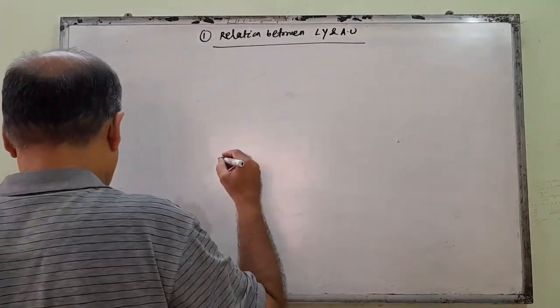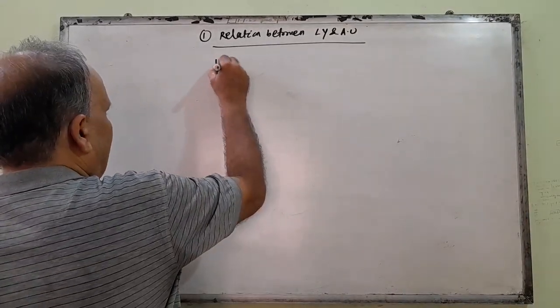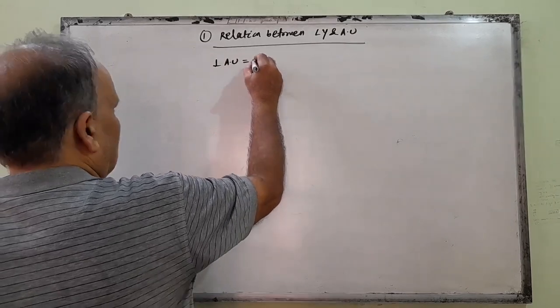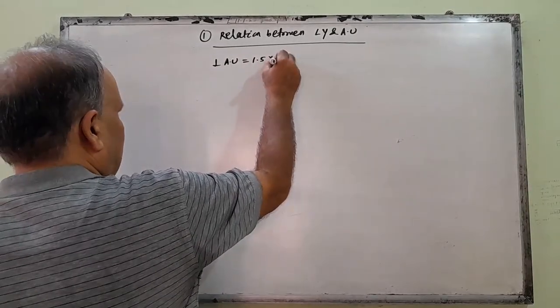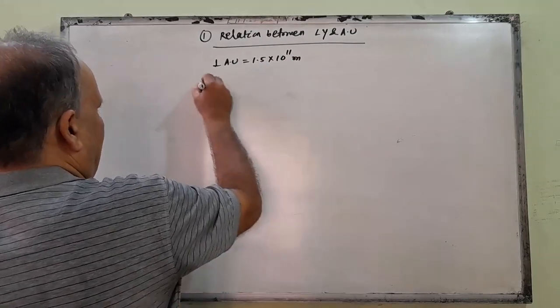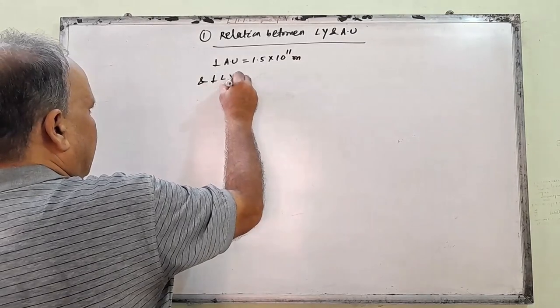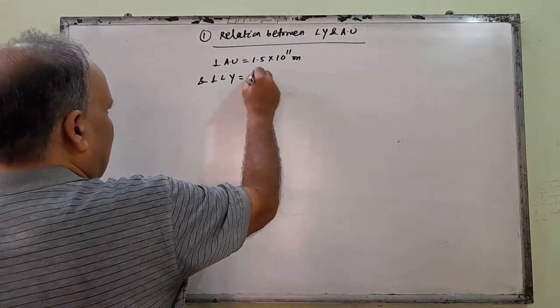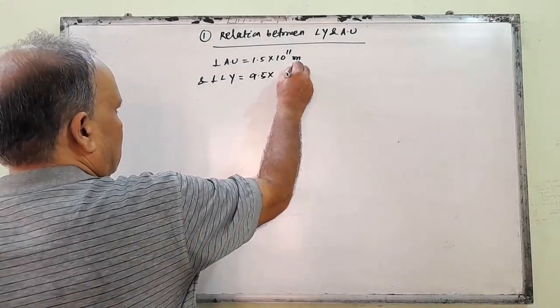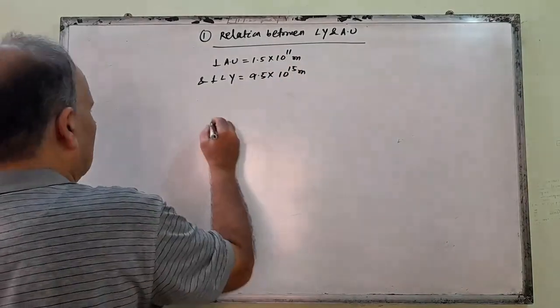You see, one astronomical unit is equal to 1.5 into 10 to the power 11 meter, and one light year is equal to 9.5 into 10 to the power 15 meters.